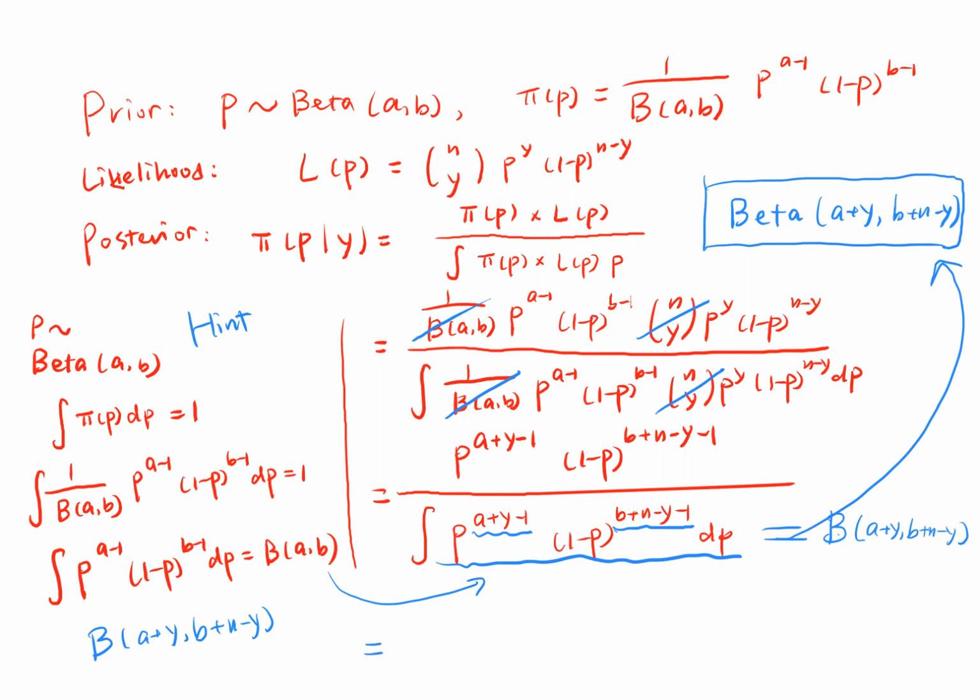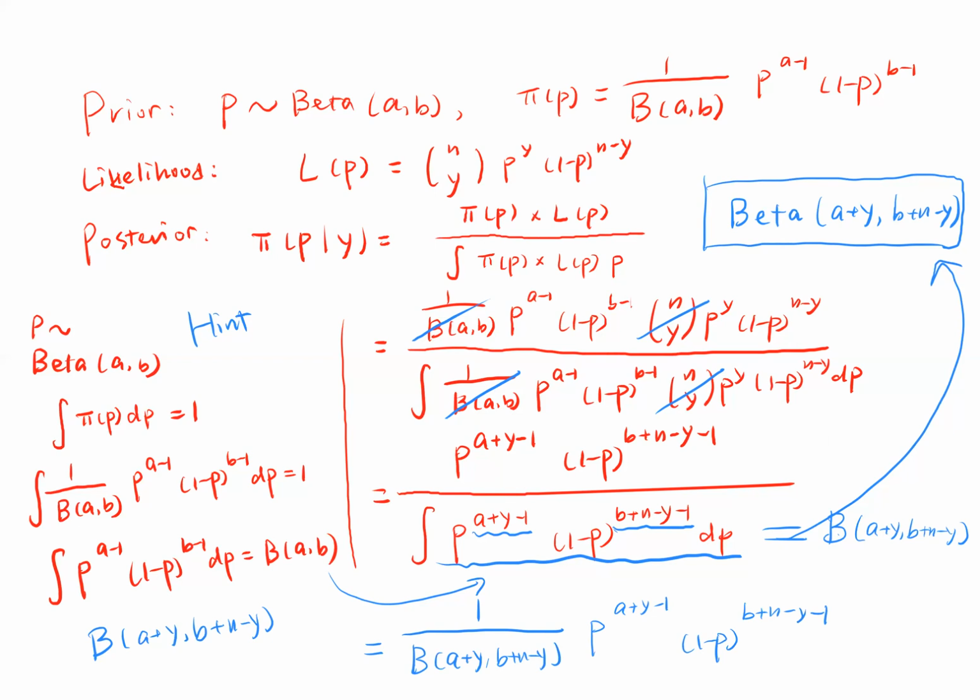So if we keep simplifying this, we get 1 over B(A + Y, B + N - Y), and then multiplying with p to the power of A + Y - 1, and then (1 - p) to the power of B + N - Y - 1. Okay. And once you get to this point, we know that this is a beta density.